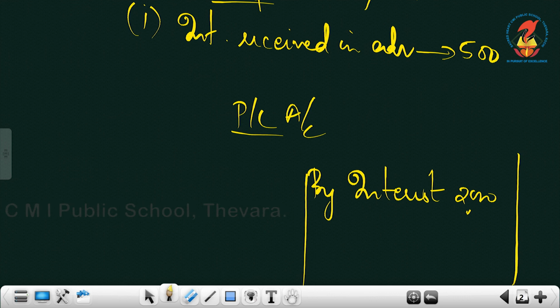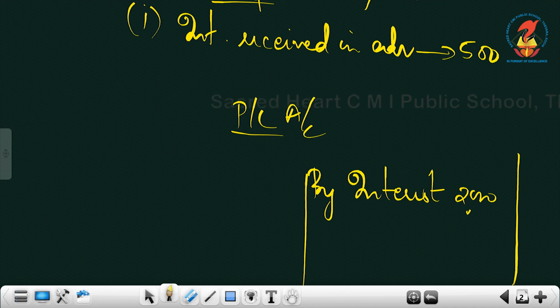And this interest received in advance, actually this might be for the next year, but we have received it this year itself. So we have included that interest in this 2,000. Are we supposed to increase our profit like this? No, because that 500 is actually next year's income, but we received it in advance.